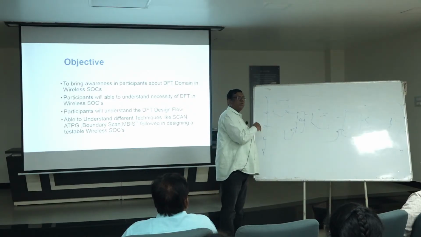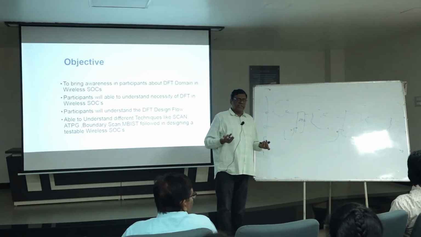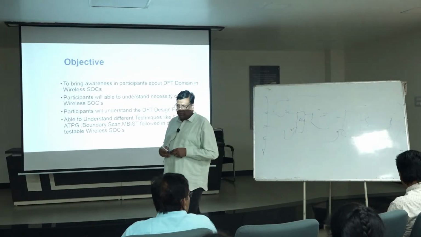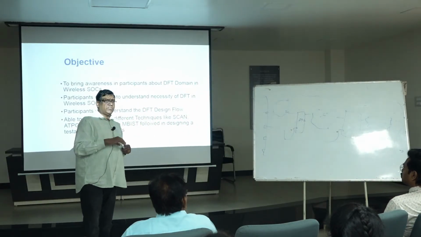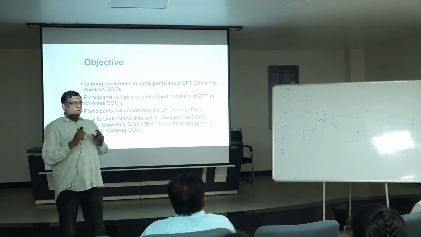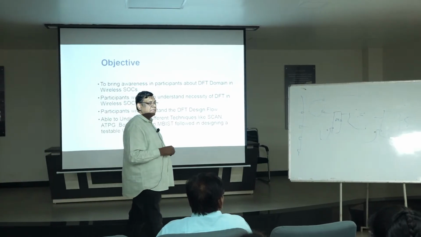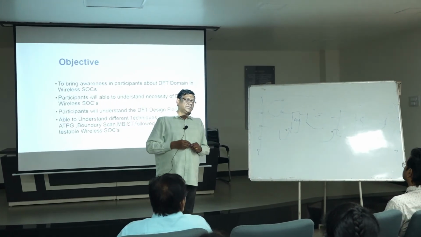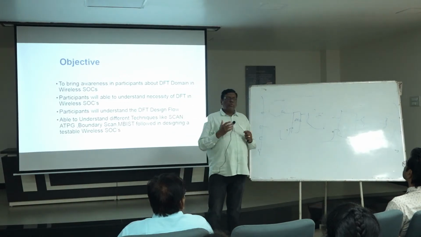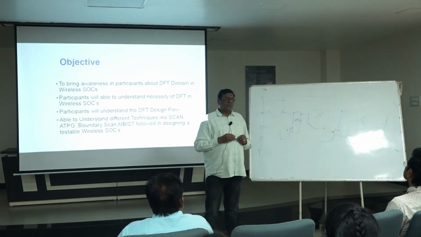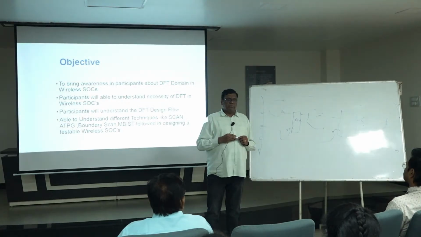Other than this, what will be there inside an IC? Any IC, can you imagine, can you guess what other components may be there? How will it memorize? How will a chip memorize? RAM, SRAM, DRAM, memory.